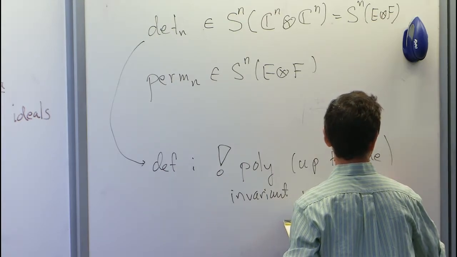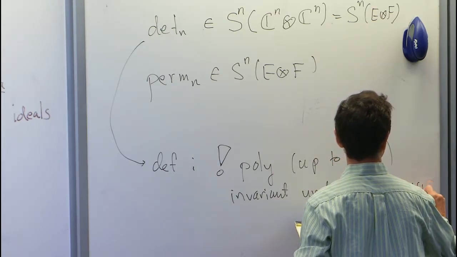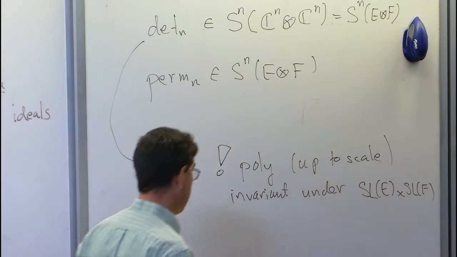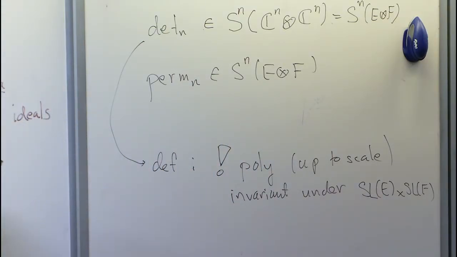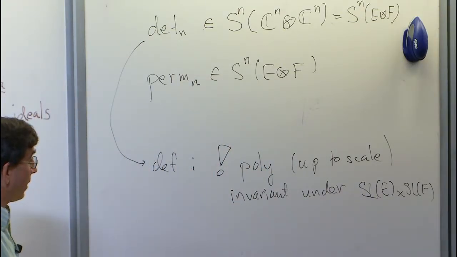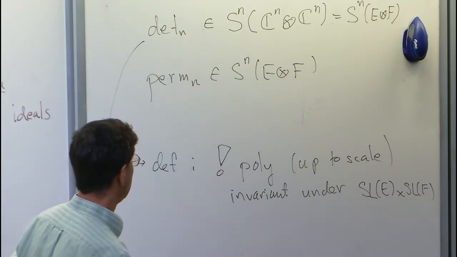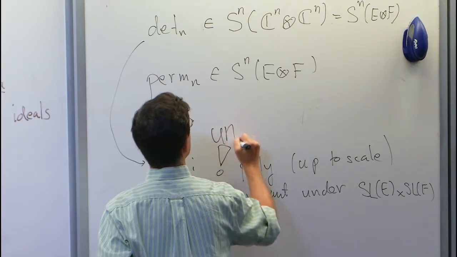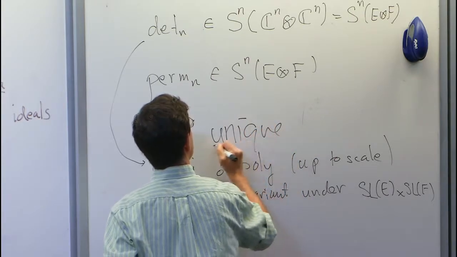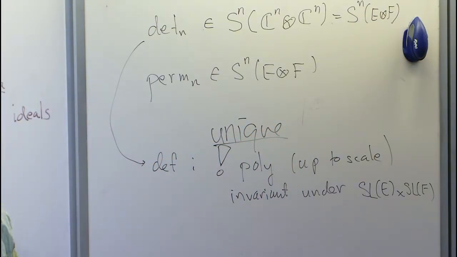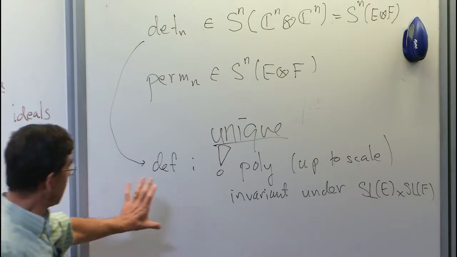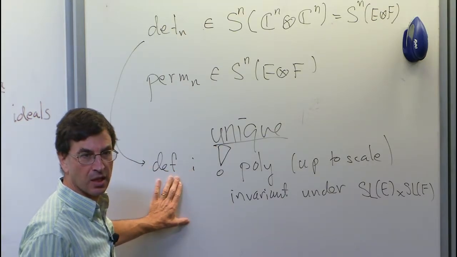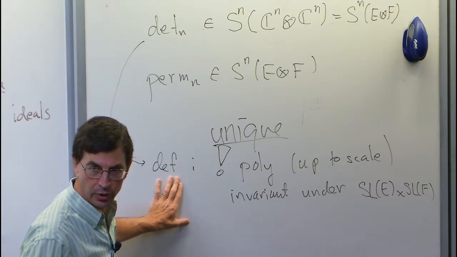I'll write that as SL(E)×SL(F), where SL_n is the space of n by n matrices with determinant 1. And this is unique. Mathematicians use an exclamation point for unique. So it is characterized by its symmetry group.